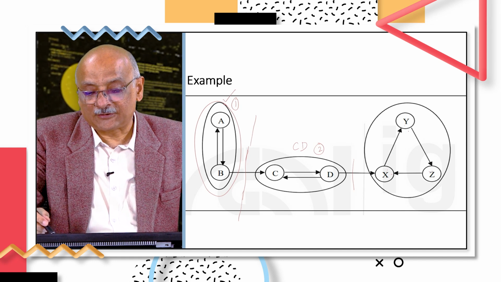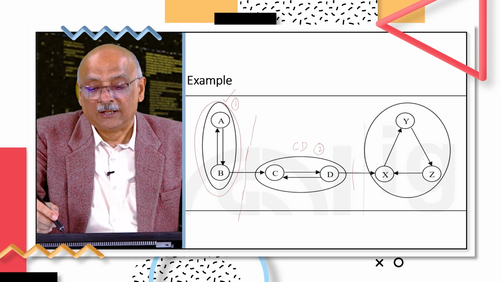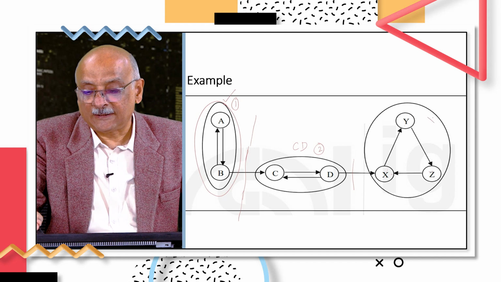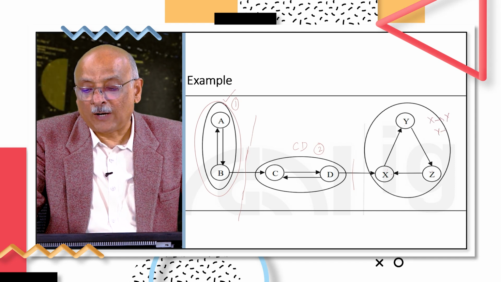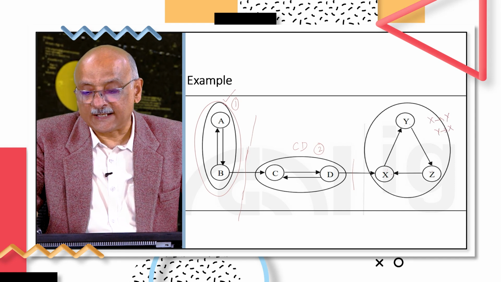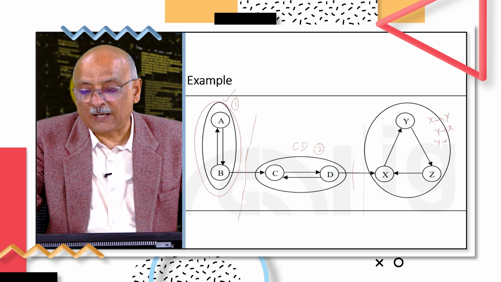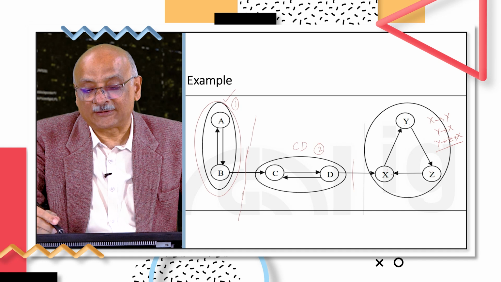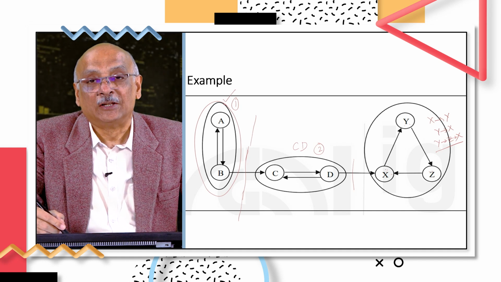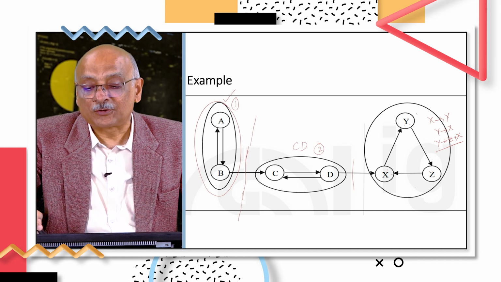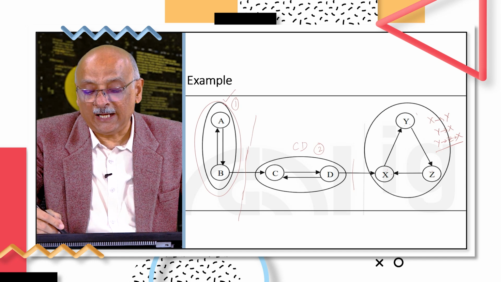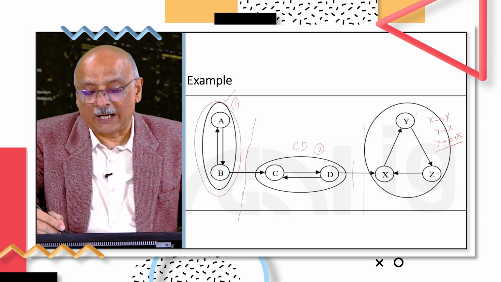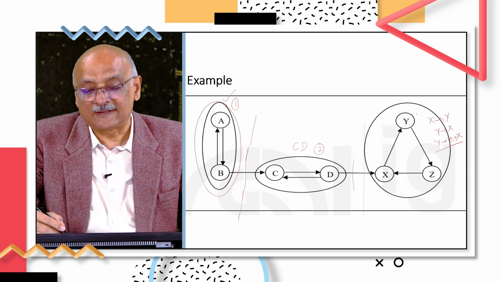So x to y and y to z makes a path. Therefore, x to y there is a path, as well as y to x, which is through z. So, y to x you get y to z followed by z to x. So, there is a path from y to x also, though it is through z. So, these are also strongly connected components. Why? Because if x to y is there, there is a path from y to x, although it is via z.